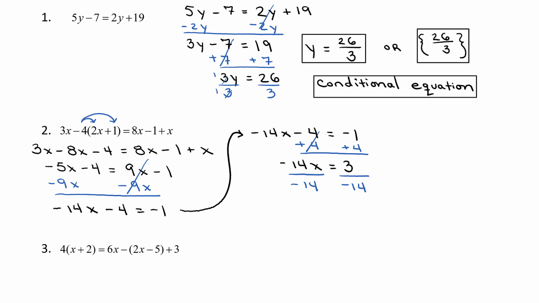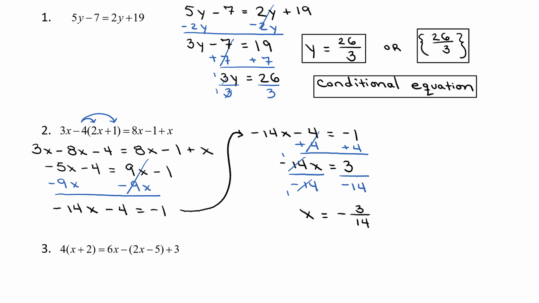The negative 4s will divide out on the left-hand side, and I'll be left with a coefficient of 1 in front of the x, so I will have x equals negative 3/4. And I can also write this answer inside a set of braces to represent a solution set.